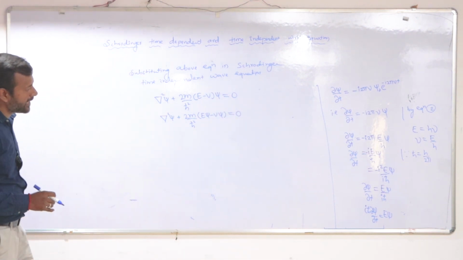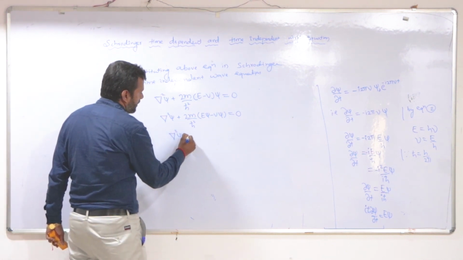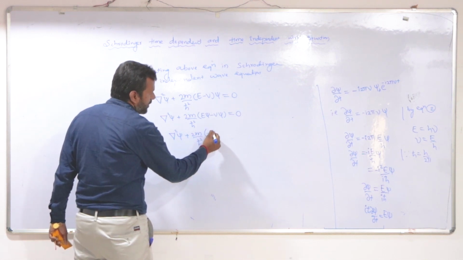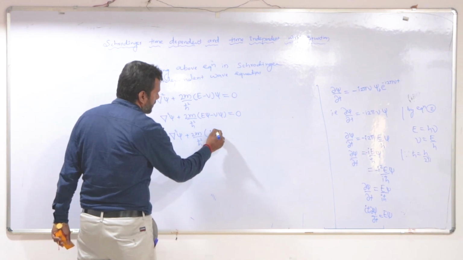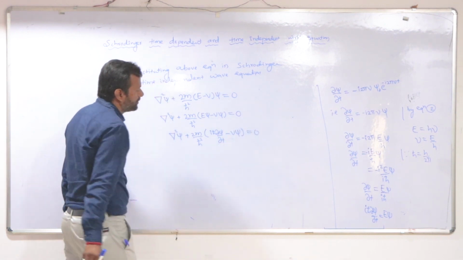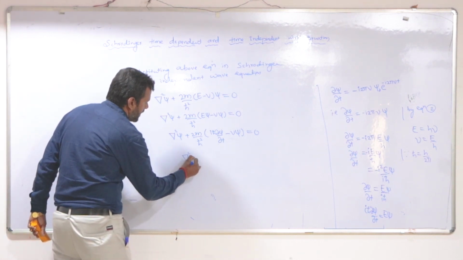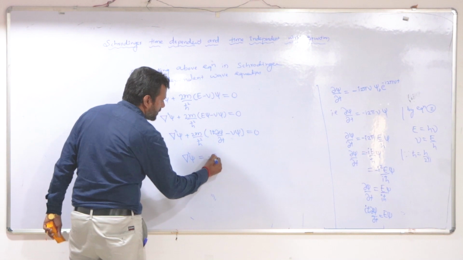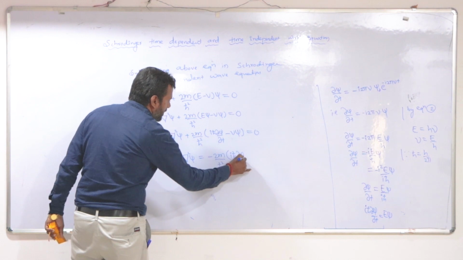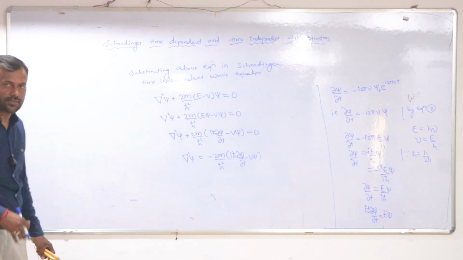The E psi value we got is i h cross dou psi by dou t, so we substitute here: del square psi plus 2m by h cross square, i h cross dou psi by dou t, minus v psi, equal to 0. So we send it to the right side, and it becomes del square psi equals minus 2m by h cross square, times i h cross dou psi by dou t minus v psi.